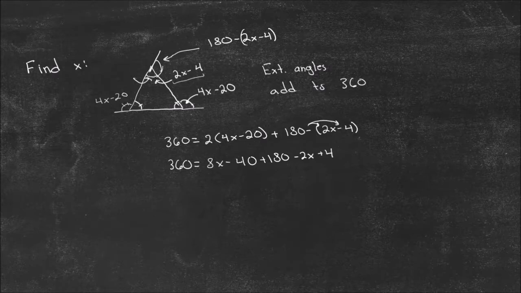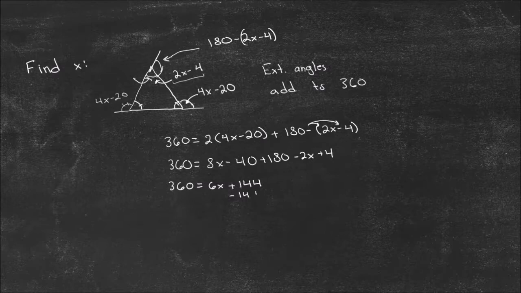Okay, now I'm going to combine like terms. 360 equals 8x minus 2x is 6x, minus 40 plus 180 plus 4. Minus 40 plus 180 is going to be 140, plus 4 is 144. So 6x plus 144 equals 360.